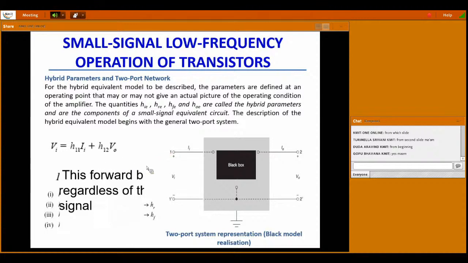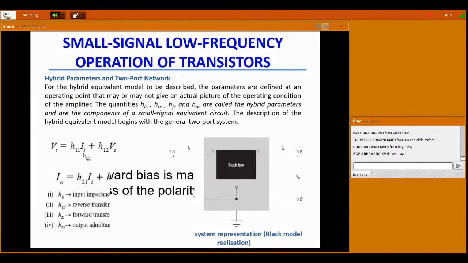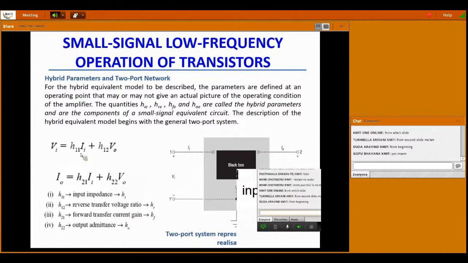Here, Ii is the input current and V0 is the output voltage; Ii and V0 are independent variables, whereas input voltage Vi and output current I0 are the dependent variables. Like that we have to take it, and we will take the relation between the H parameters.